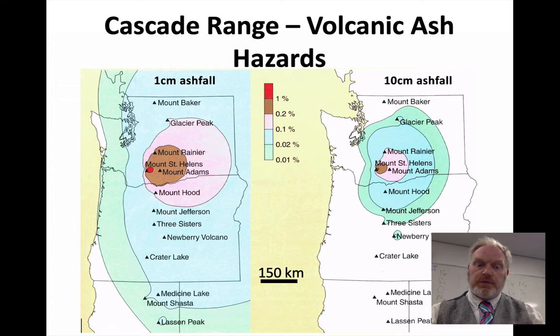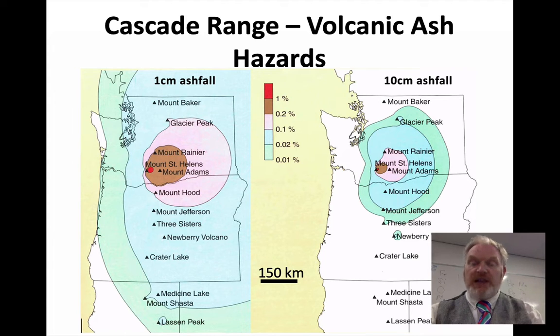So on the left, we've got the hazard map for a 1 centimetre ashfall from an eruption in the Cascade Range from Mount St. Helens. You can see it's quite an extensive area that's covered by this relatively thin ash layer. On the right hand side, we see the hazard map for a 10 centimetre ashfall.